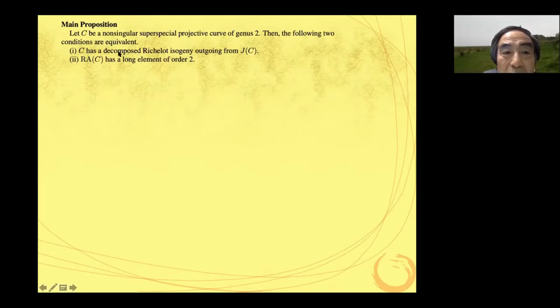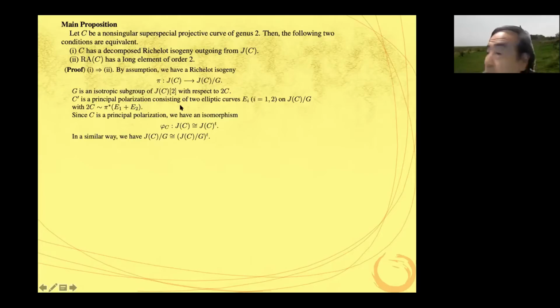C has a decomposed Richelieu isogeny outgoing from JC, and this condition is equivalent to the reduced automorphism group having an element of order 2. So by this we see the number of decomposed Richelieu isogenies outgoing from JC is equal to the number of elements of order 2. This is our key proposition, key lemma.